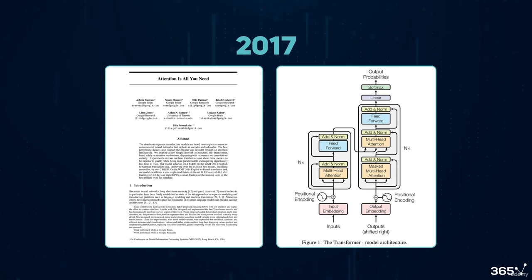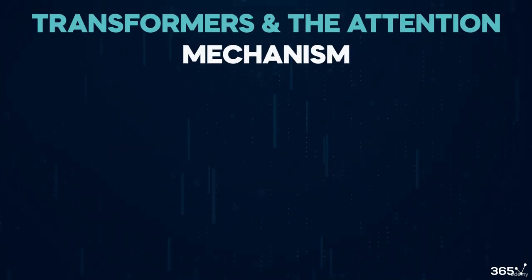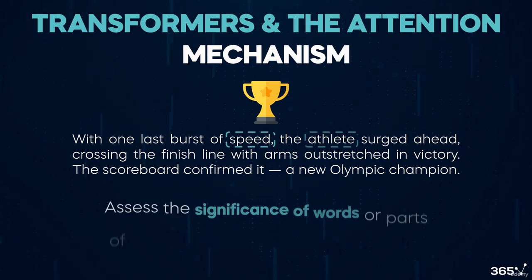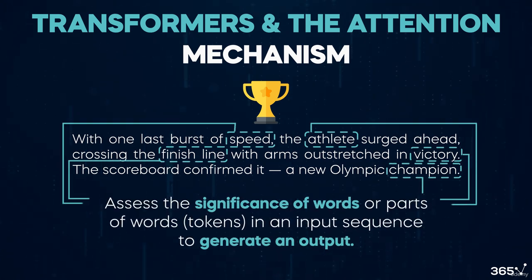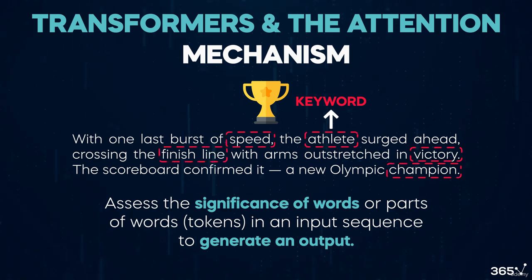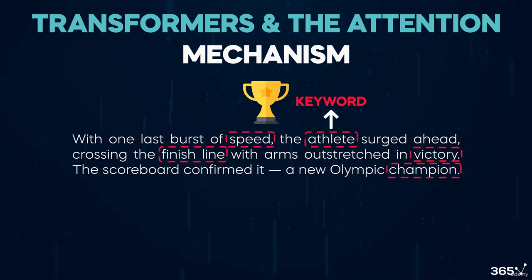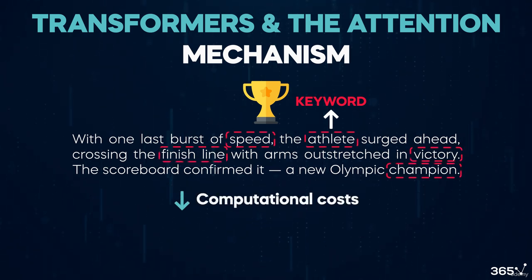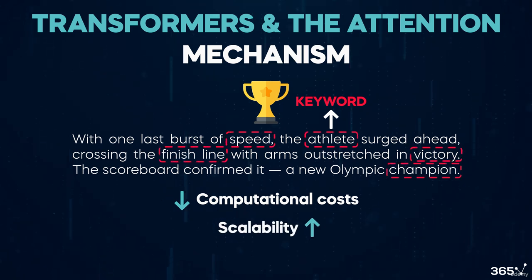the attention mechanism. The attention mechanism allows a model to assess the significance of various words, or parts of words, or tokens in an input sequence to generate an output. Therefore, the model identifies key words and focuses more intensely, lowering computational costs and enhancing scalability.